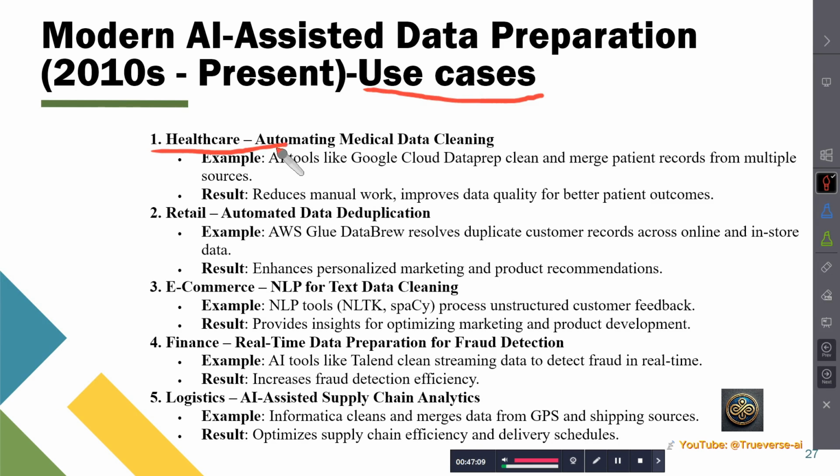For example, a healthcare provider collects patient records from multiple sources such as hospitals, clinics, and labs. With AI-assisted data preparation, tools like Google Cloud Dataprep can automatically clean and merge this data, removing duplicates and standardizing data formats for easy analysis.